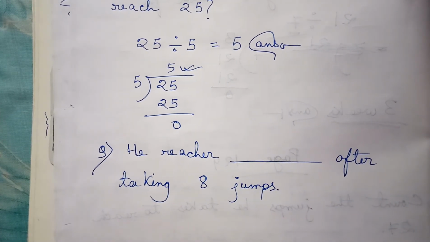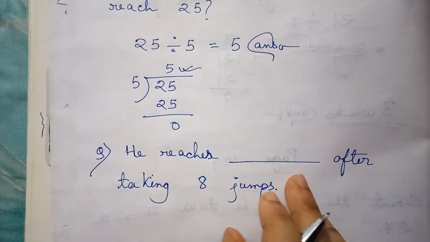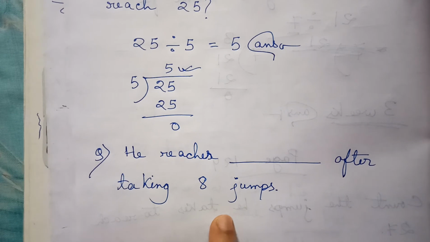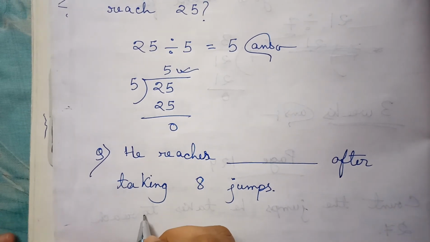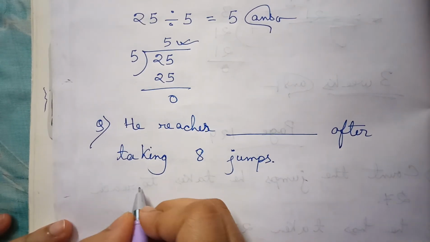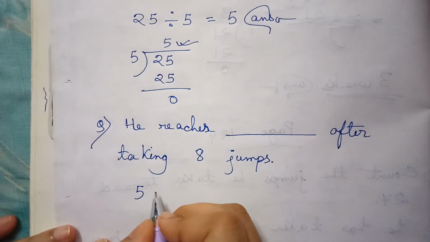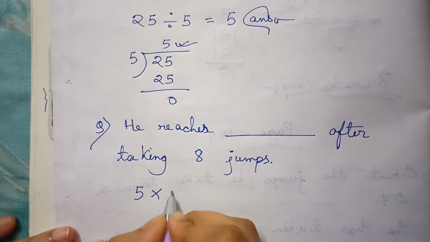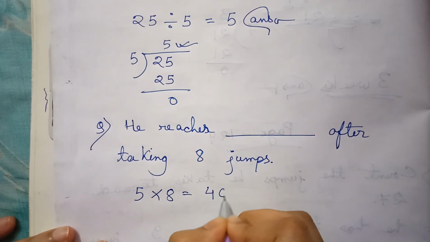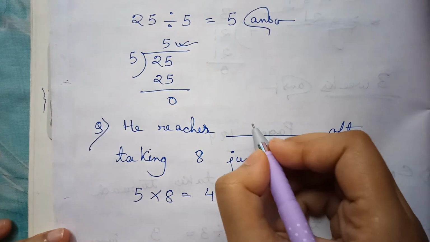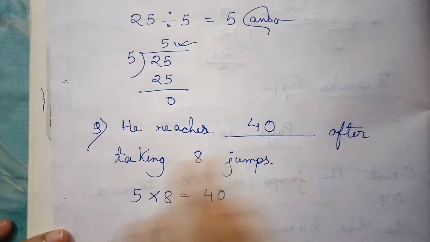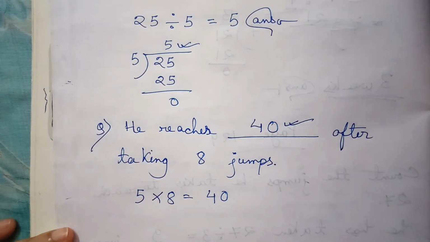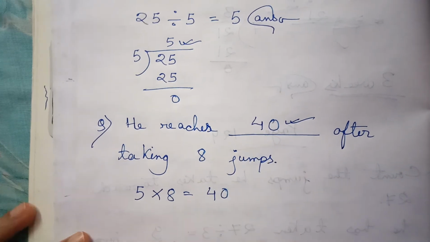He reaches dash after taking 8 jumps. So 5 steps he takes at one time in one jump. So 8 jumps he has to take. So 5 into 8 equals 40. Okay. So he reaches 40 after taking 8 jumps. So 40 is your answer. This answer you will write in your book, only 40.